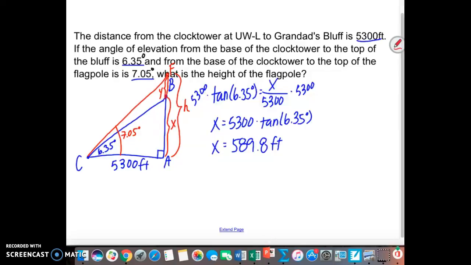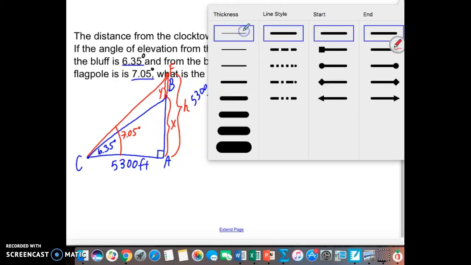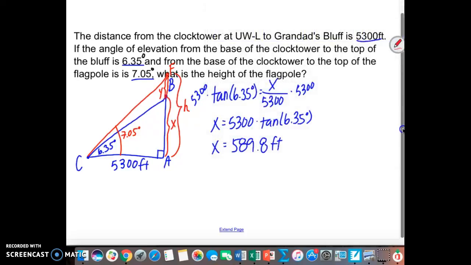Now dealing with the red triangle. If we are dealing with the red triangle, we are going to, again, use tangent. Instead of having tangent of 6.35 degrees, we'll have tangent of 7.05 degrees. And that's equal to opposite over adjacent.